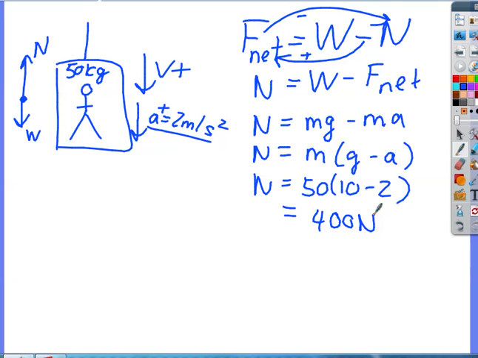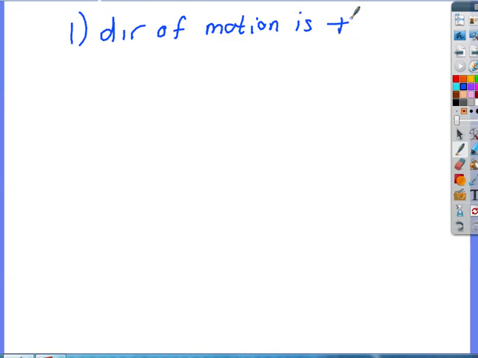The rest of the problems I'm going to have you try to do on your own. All right? So main things to remember. One, direction of motion is positive.